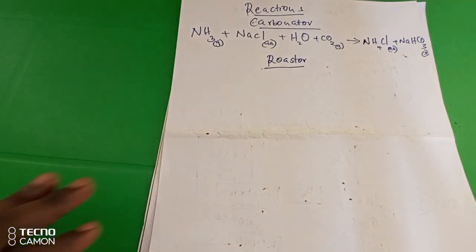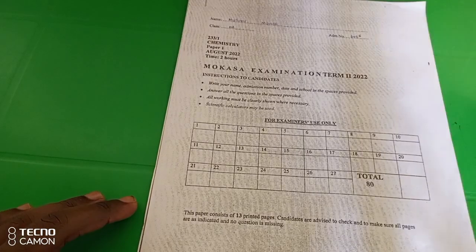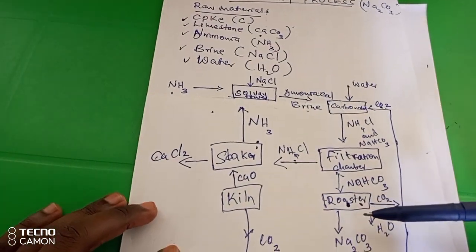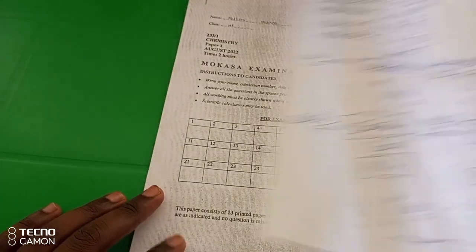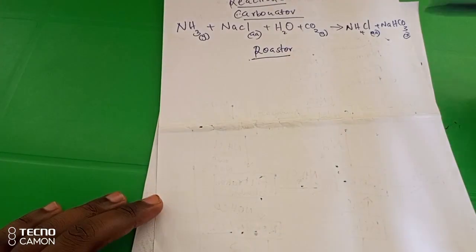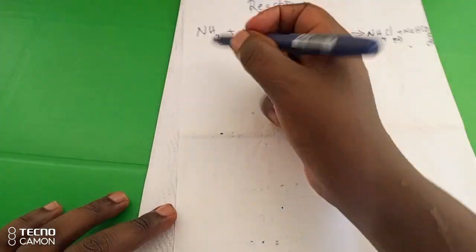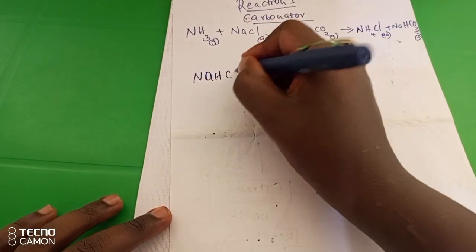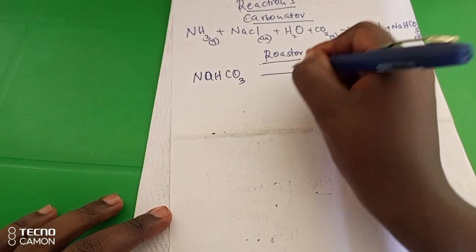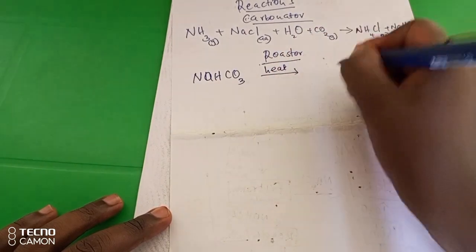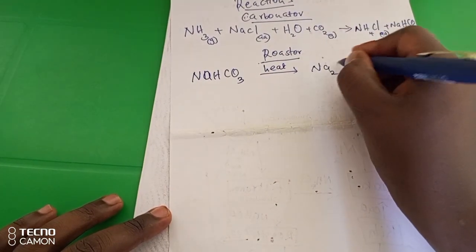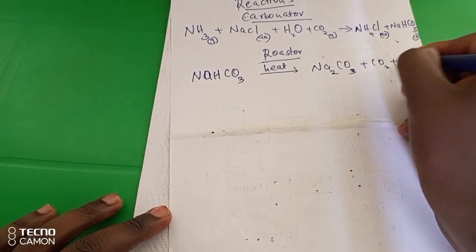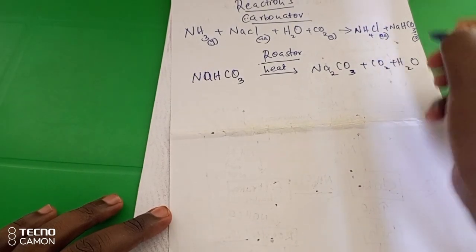Reaction at the roaster. At the roaster, we heat sodium hydrogen carbonate. Sodium hydrogen carbonate is heated to produce sodium carbonate plus carbon dioxide plus water.